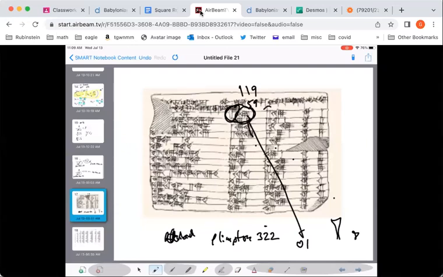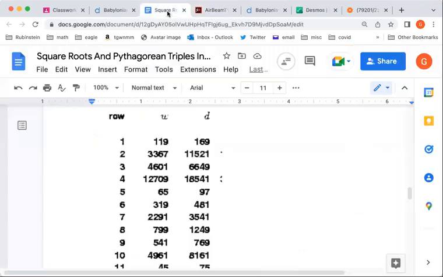Whereas this one over here was 02, and this is 49, which is 120 plus 49, so 169. So it was 0149, which was 119, and 0249, which was 169. That's why you can see in this column row 1 has 119 and 169.